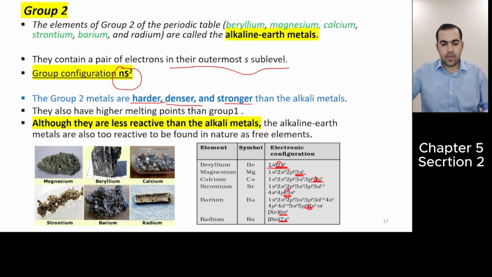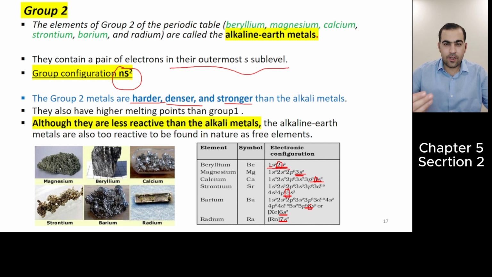Also, as we said, they are less reactive than the alkali metals. Alkali metals mean group 1. And the alkaline earth metals, like group 1, are too reactive to be found in nature as free elements. If we have group 1 or group 2 metals as free elements in nature, they react with oxygen.